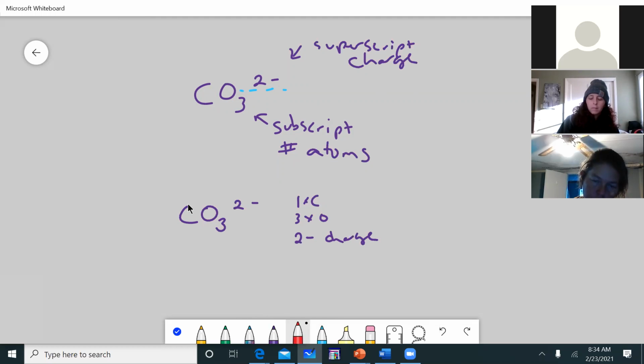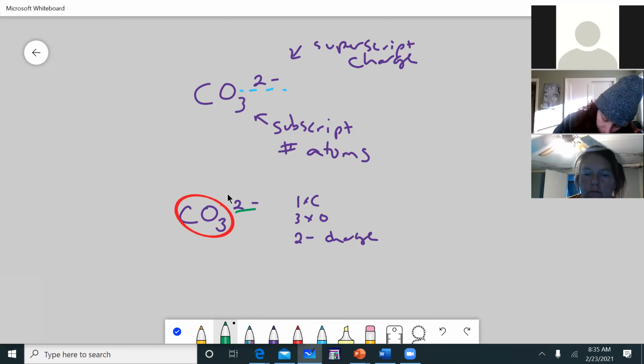Sometimes what I'll have students do is circle where the atoms are and leave the charge on the outside, so you get in the habit of treating this thing as a unit that we're not going to break up. The charge applies to the entire packet. It doesn't just apply to the oxygen. It doesn't just apply to the 3, it applies to the whole thing.